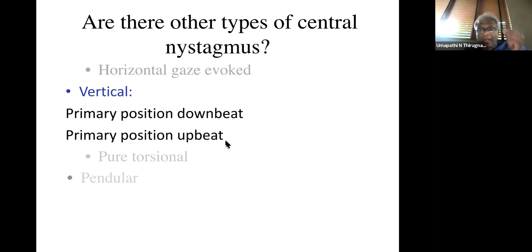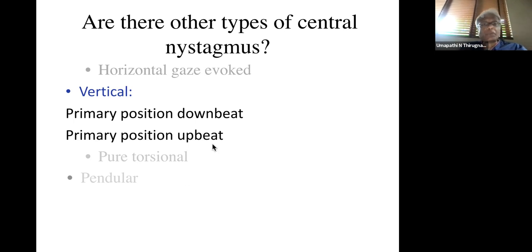I would ask you to postpone that to a later point in your career when you're seeing many more patients with similar disorders, because as a general internist, most of the time you would have to differentiate a peripheral nystagmus from a central nystagmus of the horizontal gaze-evoked type.